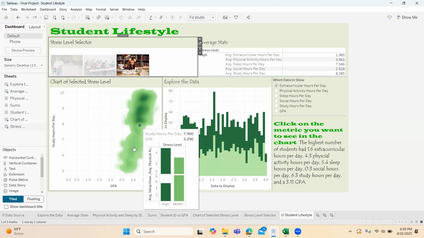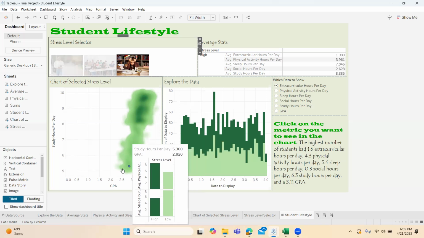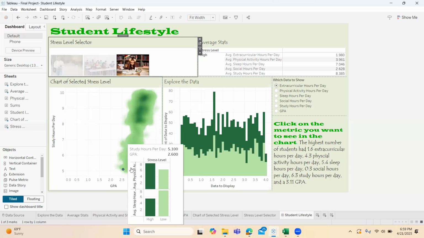And then down here, we see some more low stress, with low studying hours. And they're getting good sleep and a little bit better physical activity.